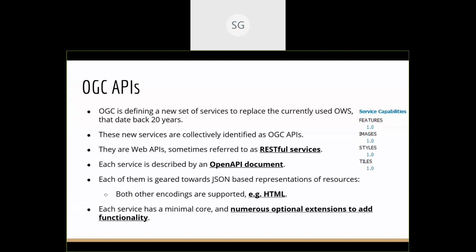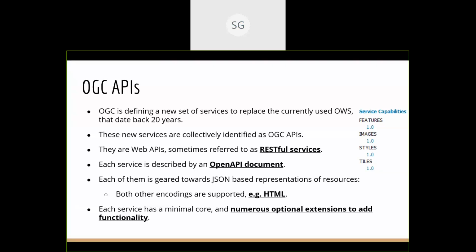So I kind of already went through a couple bullets. Many of those new APIs are identified under the common banner OGC APIs. They are targeting behaving as RESTful services, being described by things like OpenAPI documentation, and they target, I would say, JSON family-based representation, JSON, GeoJSON, friends, and other encodings are supported.